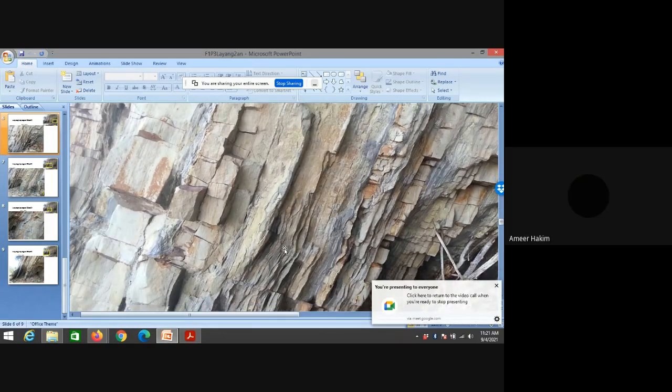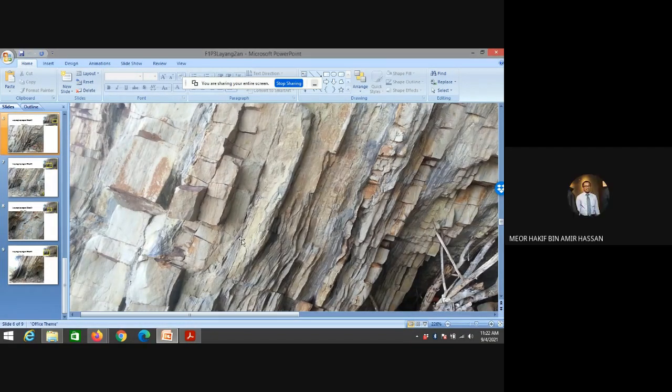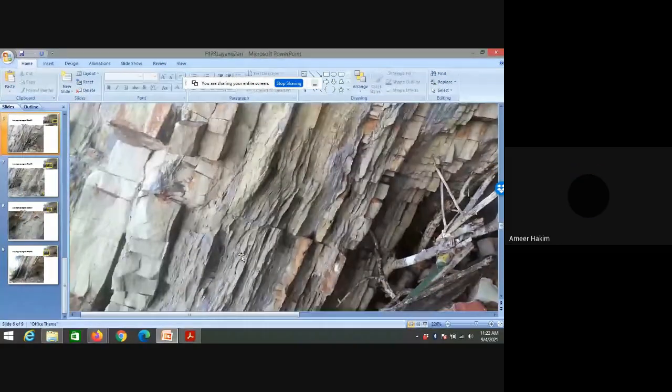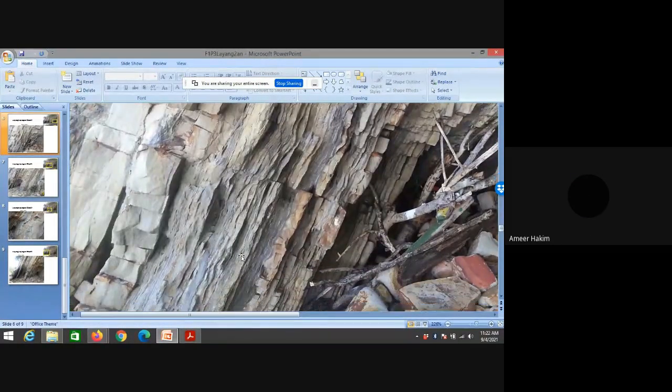Is it below the sandstone bed? Okay, nampak cursor saya nampak tak? You can see my cursor? Yes, Doctor. Okay, can you direct me to it? Below lagi.